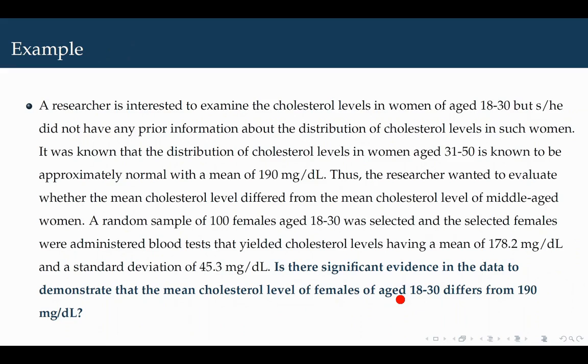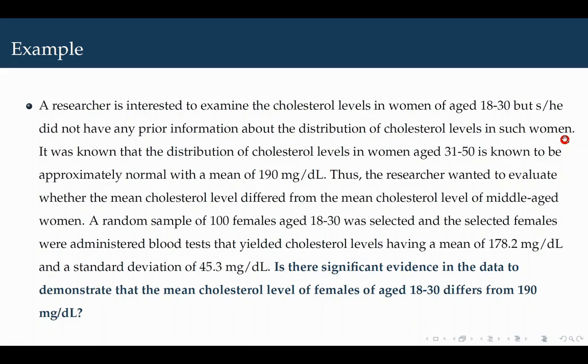And let's consider another example. A researcher is interested in examining the cholesterol levels in women aged 18 up to 30, but she or he did not have any prior information about the distribution of cholesterol levels in such women.